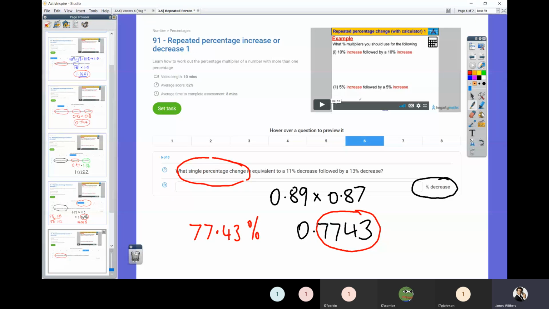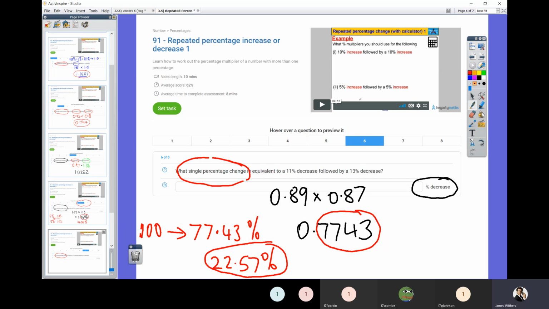So how much is the percentage decreased? Well, it's gone from 100% down to 77.43%. So the single percentage change, it's gone down by 100 take away 77.43, which is a 22.57 percentage decrease.